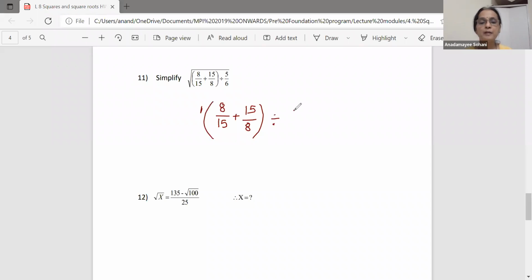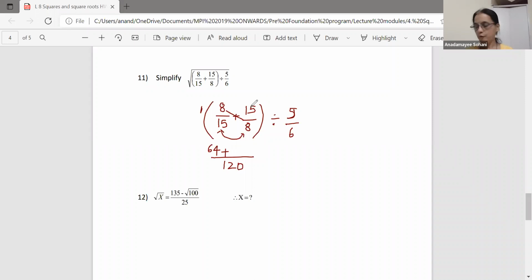Abiding by my BODMAS rule, I will first have to solve the bracket. To solve the bracket, I will go by the LCM method for addition of fractions. The denominator is the product of 15 and 8, that is 120. For the numerator, I will cross multiply and add: 8 8s are 64 plus 15 15s are 225.